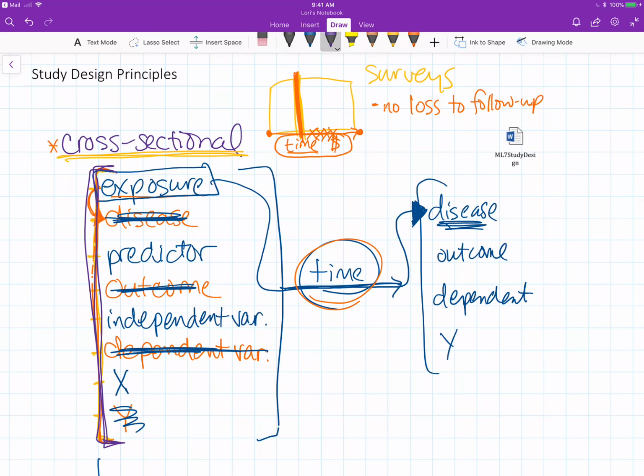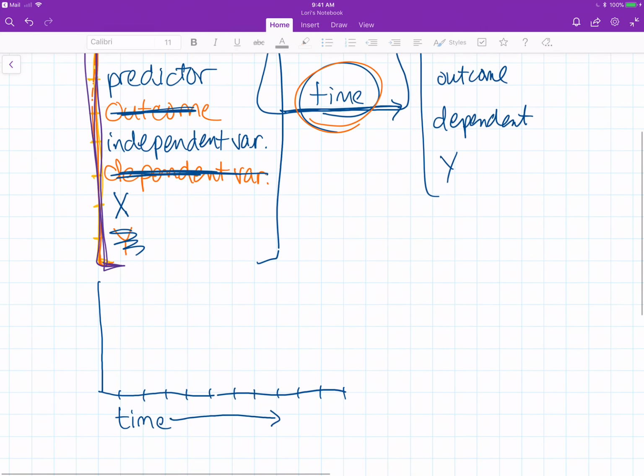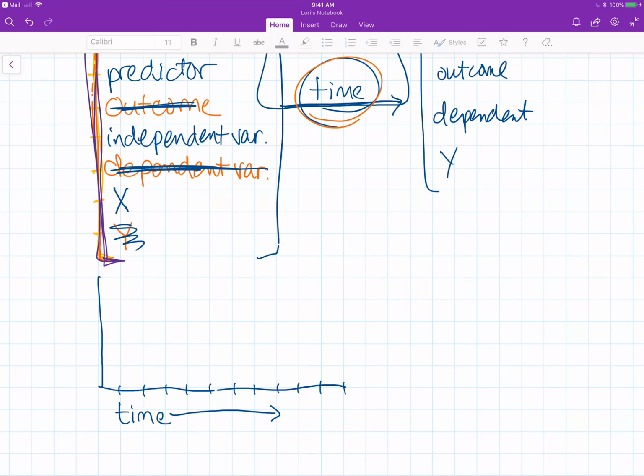So here, let me show you one more way to think about that. And sometimes it's helpful to draw that. So I'm going to use E for exposure and D for disease. In a cross-sectional study, exposure and disease are measured at the same time.